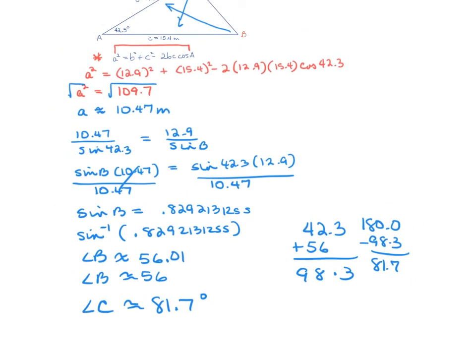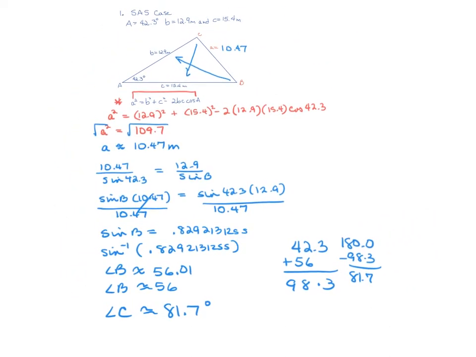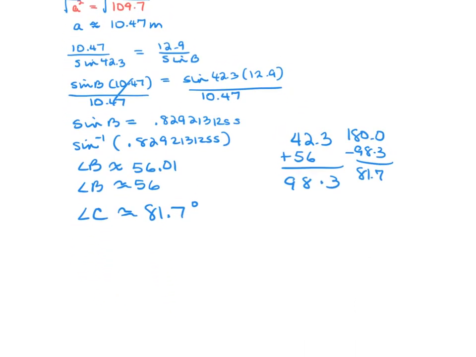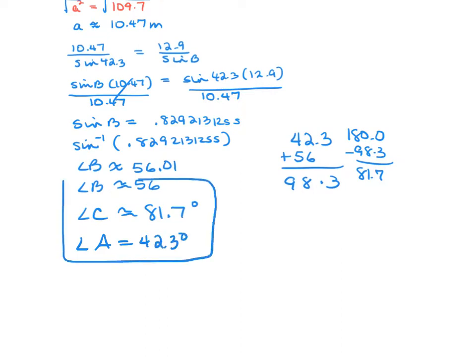So if you go back and label everything that you just found, angle A was given, 42.3. So here are your three angles, and then the three sides. We found little a at the beginning, and that was 10.47 meters.